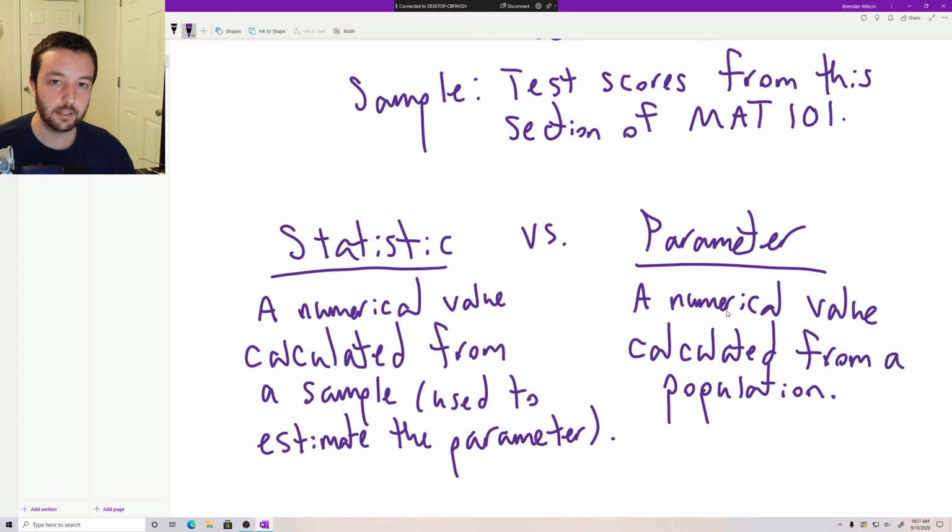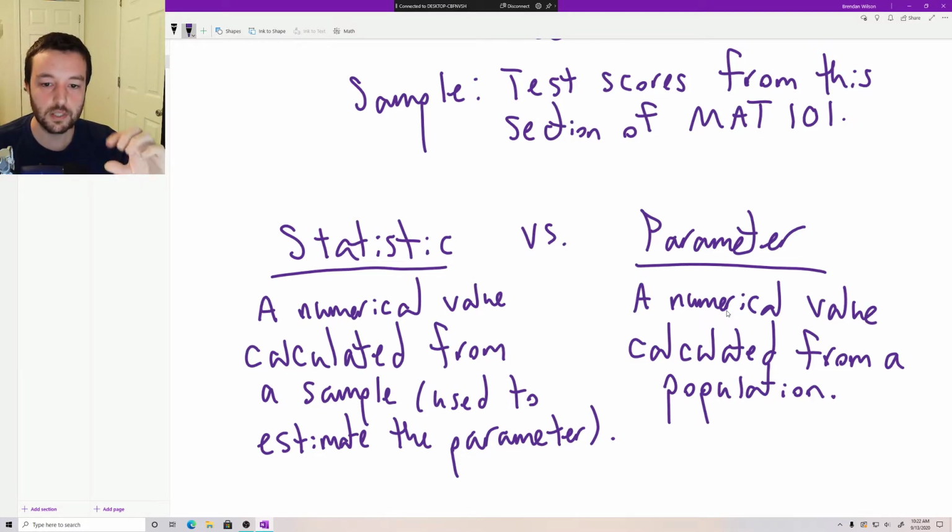Well, we're only talking actually about the percent of people from the surveys that we did. We're just using that to estimate the parameter. The parameter would be the actual percentage of people in the country whose favorite color is blue. There's no possible way for us to know that.